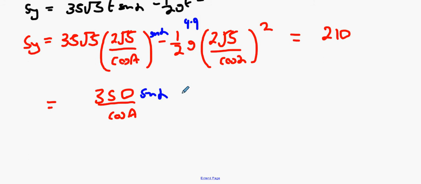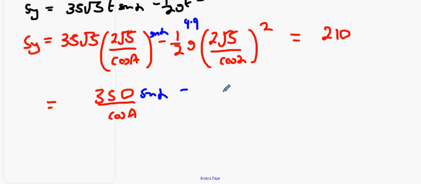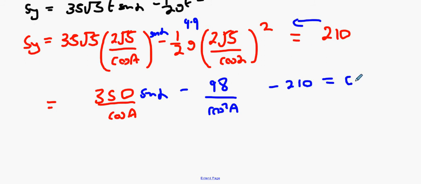Thanks very much. Now, next part is 4.9 multiplied by 2 root 5 squared. 98, that's nice, that's a good number. 98 over cos squared A. And then I'll bring the 210 over. Now, any suggestions? What have we done a couple of times at this stage?